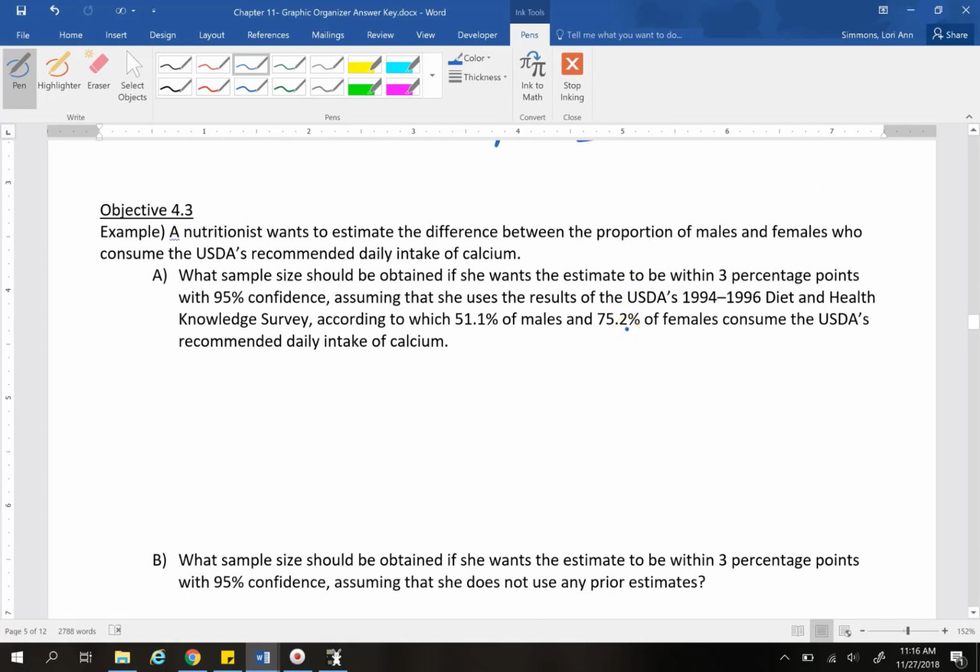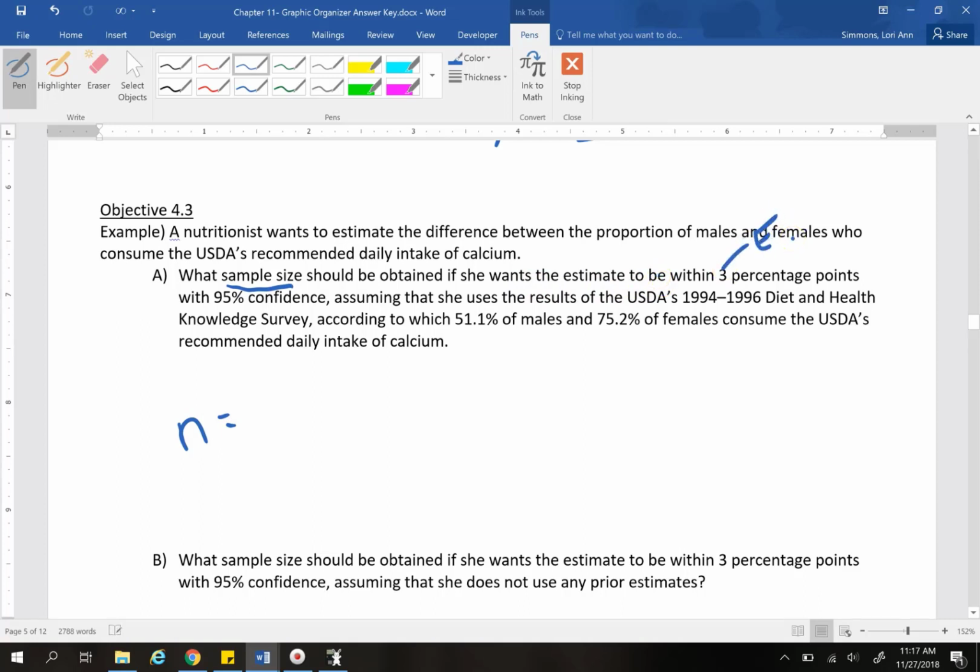A nutritionist wants to estimate the difference between the proportion of males and females who consume the USDA's recommended daily intake of calcium. A, what sample size? So this indicates that you need to use one of the two formulas up above because we're looking for n. Would be obtained if she wants to estimate to be within 3 percentage points.